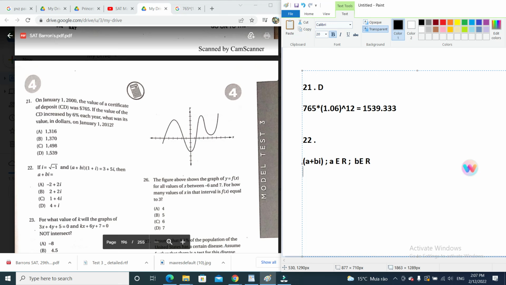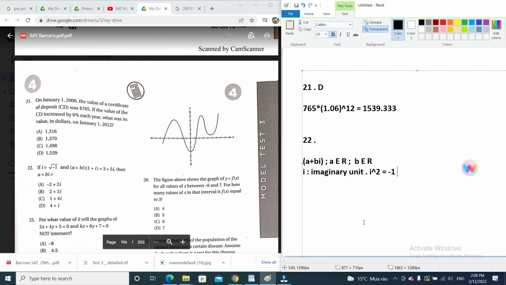But i is imaginary unit, whereas i square is equal to -1. Okay, or they are giving us that i is the square root of -1, but it's actually strictly written as i square equal to -1.